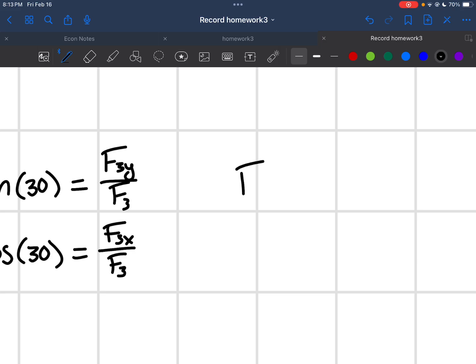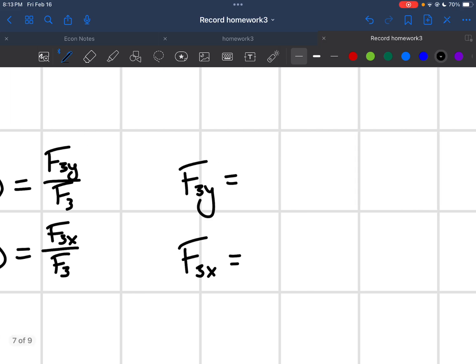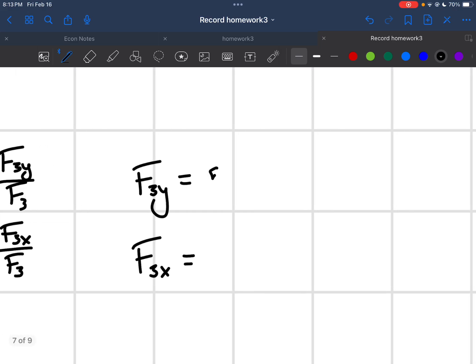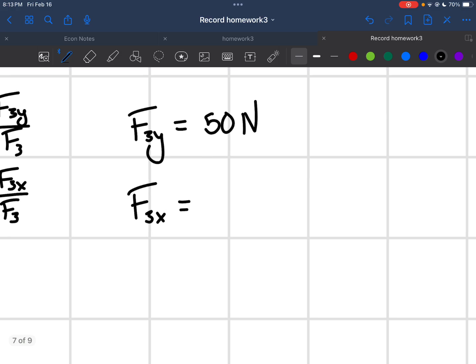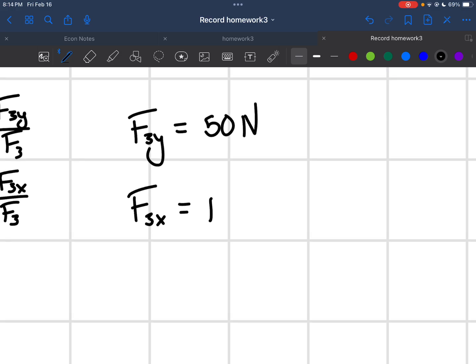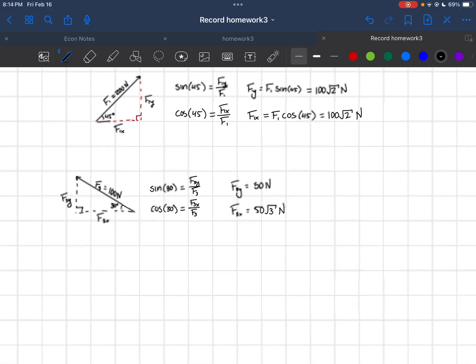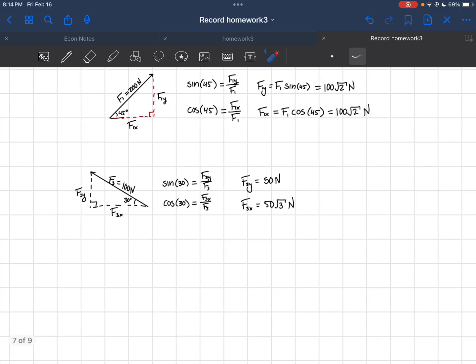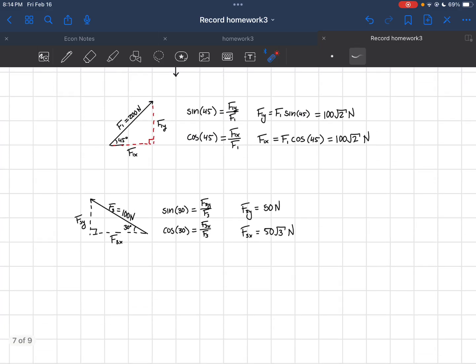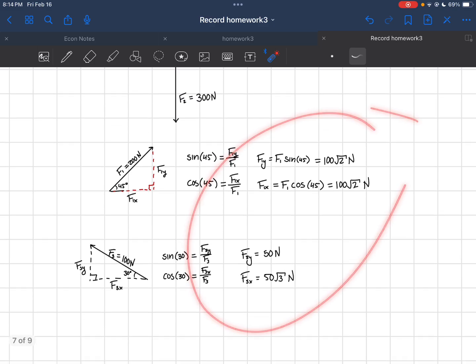Then I'm getting my F3y and my F3x. My F3y is going to end up being 50 newtons, and my F3x is going to be 50 times root 3 newtons. The only other thing that I haven't said yet is that I haven't considered any of my signs on my components just yet.